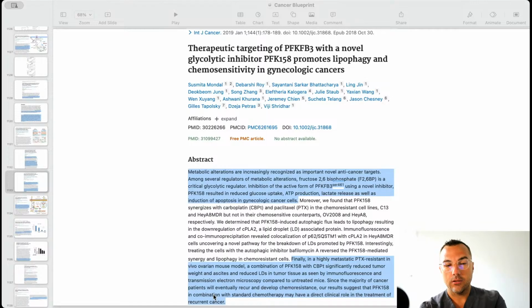Now, it has effects that are peripheral, I guess you'd say, to PFKFB3. I didn't see any effects on PFKFB3, but there's a whole host of effects on glycolysis as a whole, as well as glutamine inhibition. And we're going to basically hammer that. I'm going to drop that video on Monday.